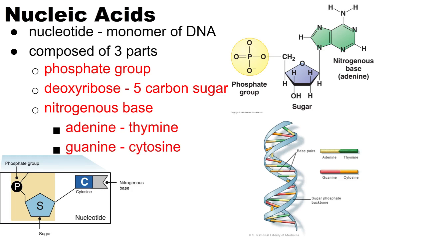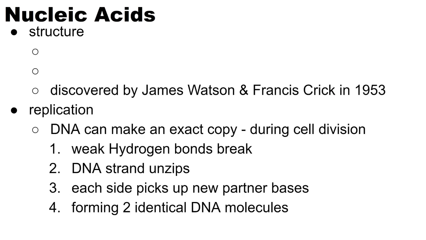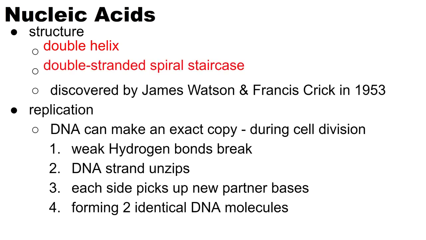And we also know that when cells are reproducing, the DNA needs to copy, right? We need to make a copy of it to put it into each of the new cells. And that's called DNA replication. And that's what you did in the gizmo. Remember, the hydrogen bonds between the two strands separate.